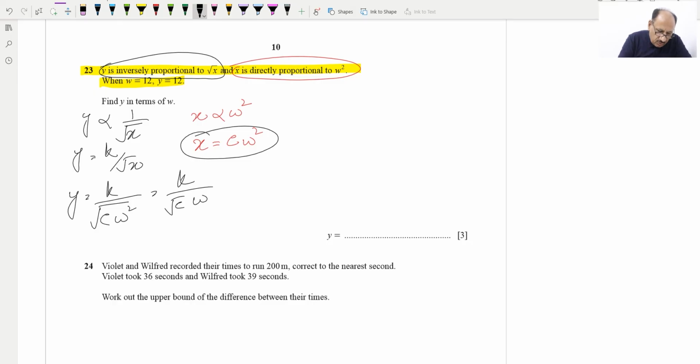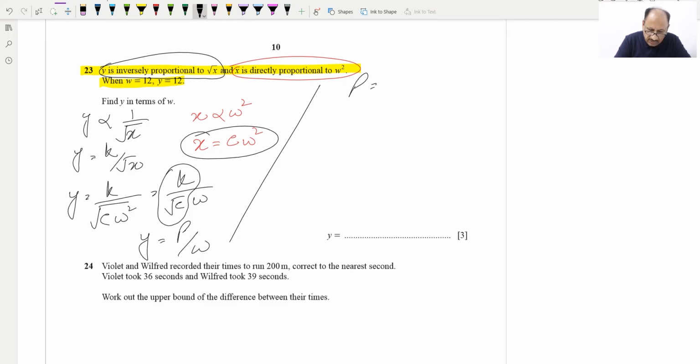Now k over the square root of c, this one we can replace by another constant. We can write y is equal to p over w. Now p is another constant, and p is what?